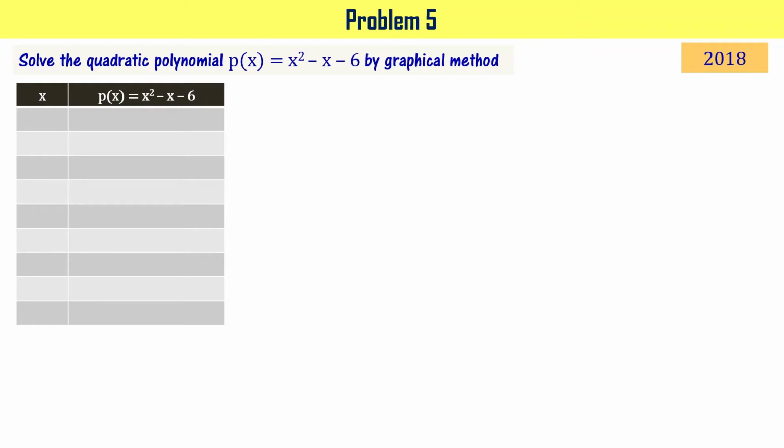For that, the simple trick is, since minus 6 is given here, minus 6 can be written as 2 times minus 3 or 3 times minus 2, right? So whatever values you choose for x, try to include these numbers minus 2, minus 3, 2 and 3, right?